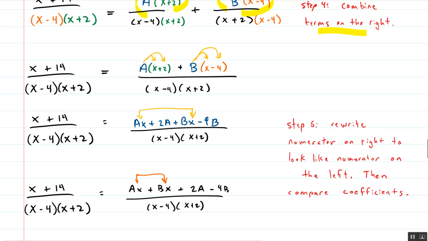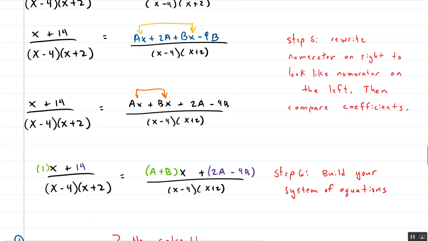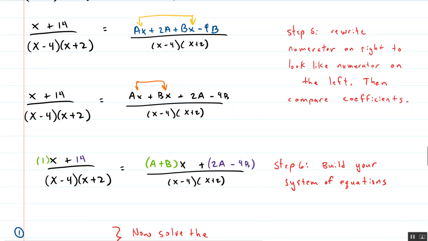And then everything else we have here, the 2a and the minus 4b. So we have everything with an x and everything without an x. That looks kind of like what we have on the left. So now we can see we can factor out an x. If we take this x and pull it out front, what's left? Well, just the a and the b. And then everything else that's left over is just brought down.